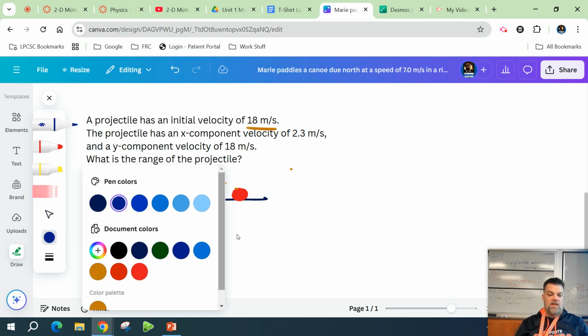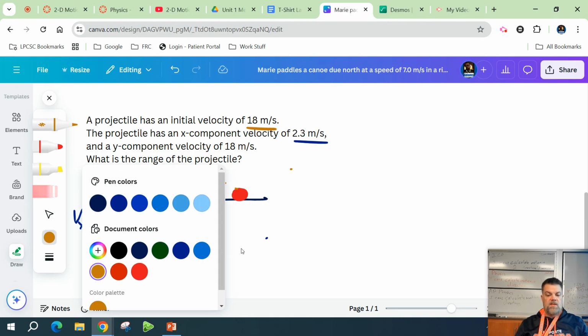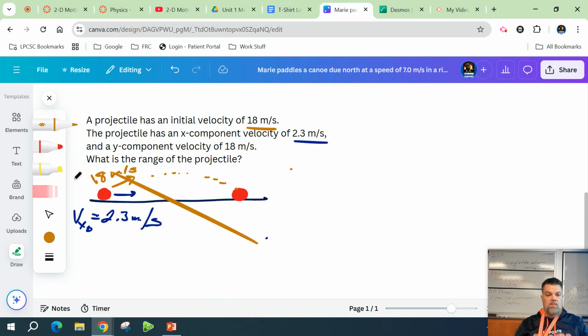And then it has an x component of 2.3 meters per second. And let's label these. This is v sub x initial. This one is, whoops, I don't know what happened there.